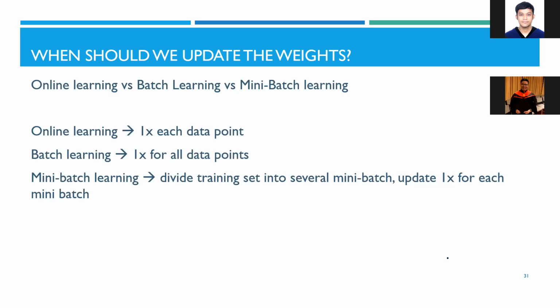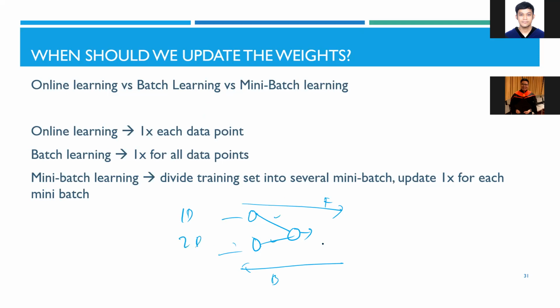Now, when should we update a weight? For example, if we go back to our example, this is the structure. First data, do forward and backward, and in this case the weights will be updated.